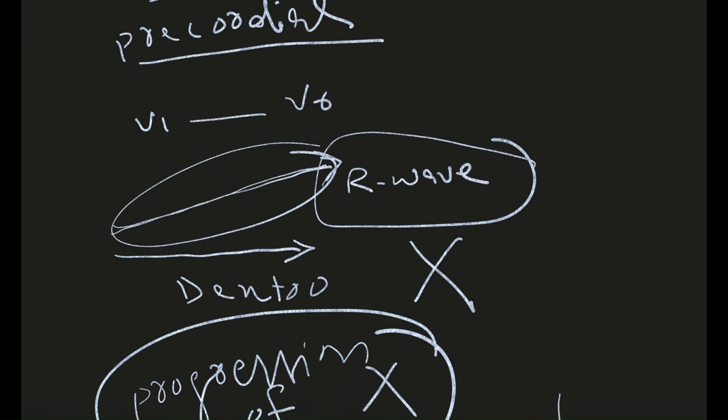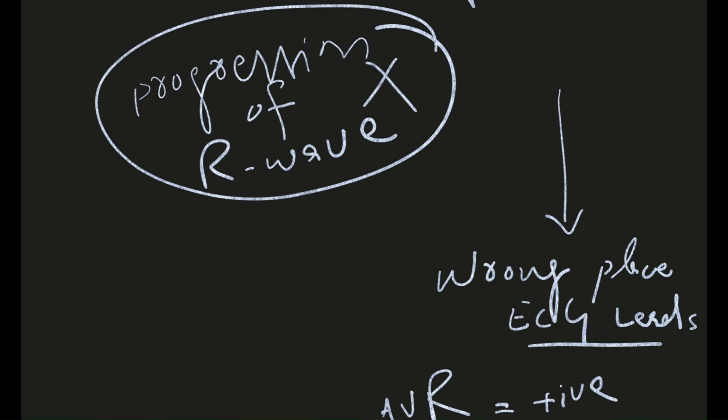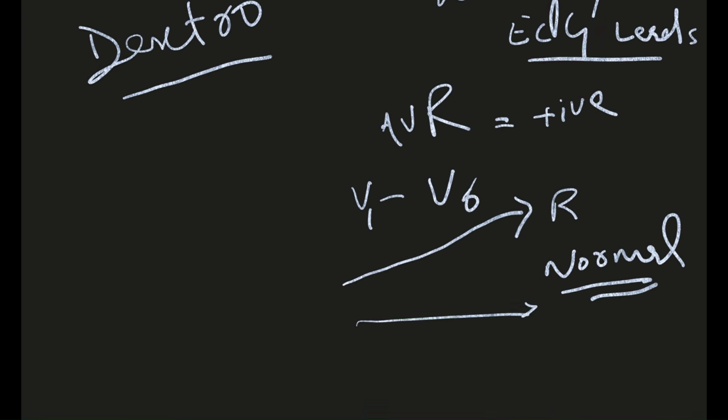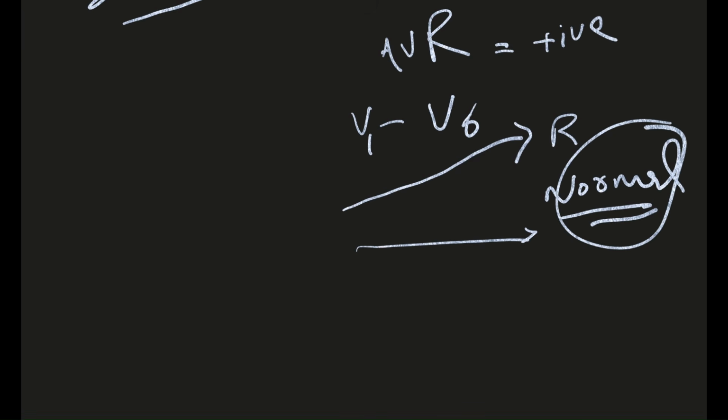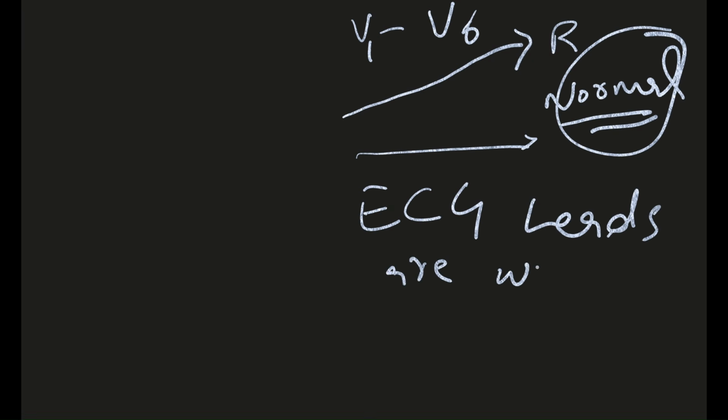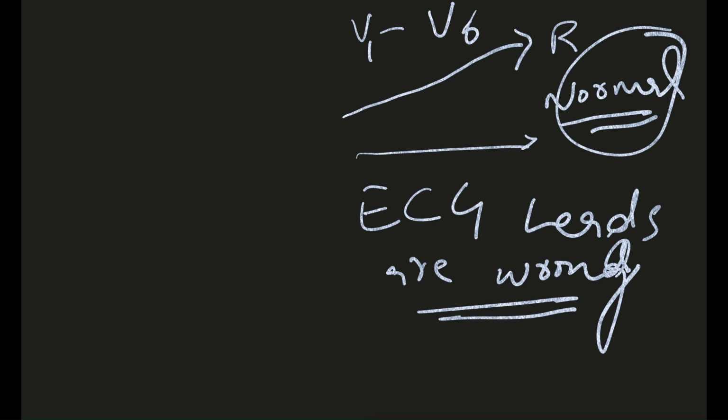If the progression of R wave is lost, then your patient is having dextrocardia. However, if there is a normal progression of R wave, then the ECG leads have been placed accidentally wrong.